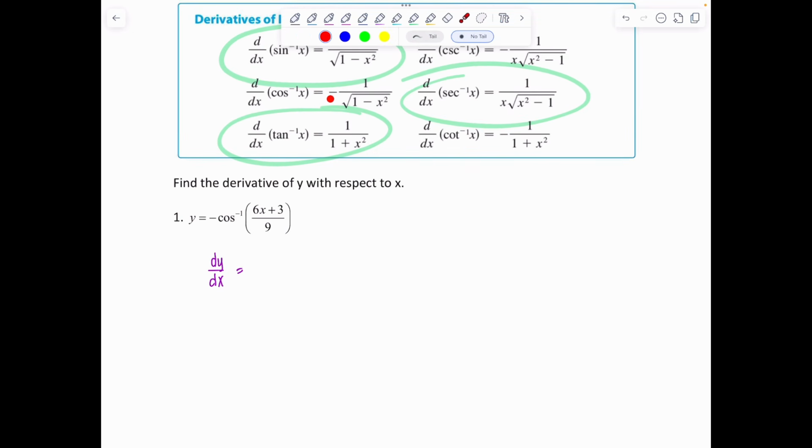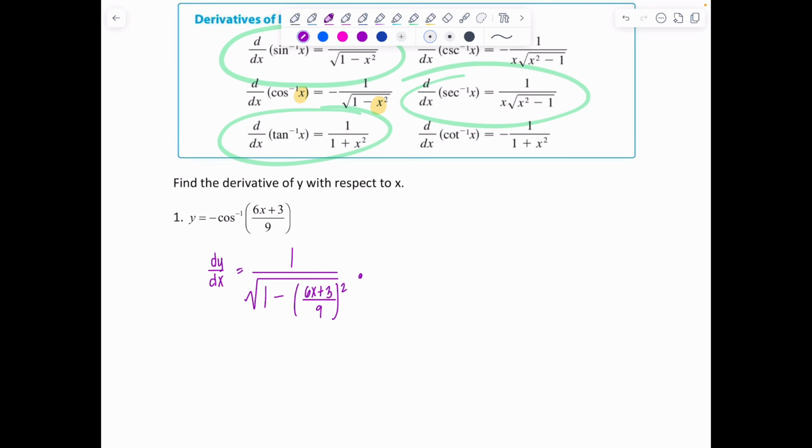So I just won't even have to write it anymore. So here's the tricky thing. Whatever this argument is, that's what you square, no matter how messy or disgusting it is. Yep, you do 1 over square root of 1 minus whatever the argument is, squared. Then chain rule, multiply by the derivative of what's inside.